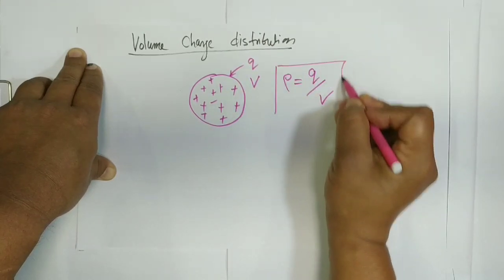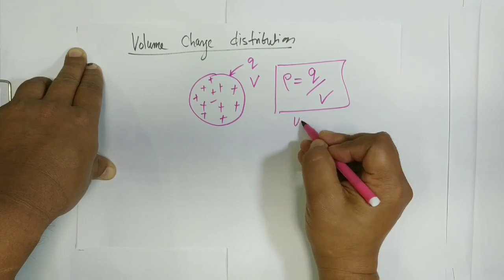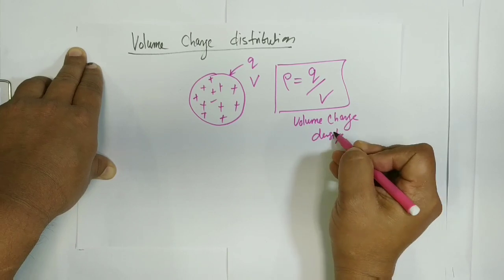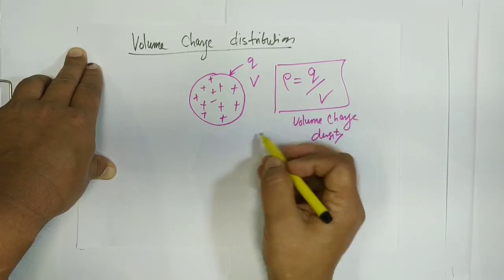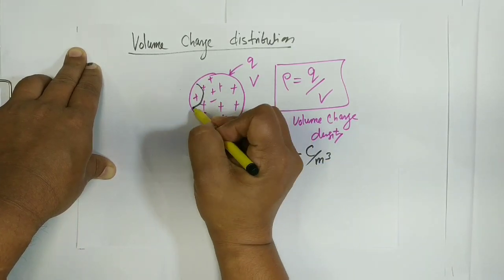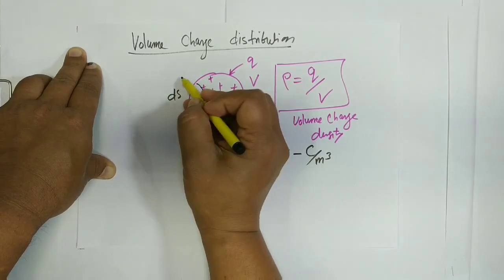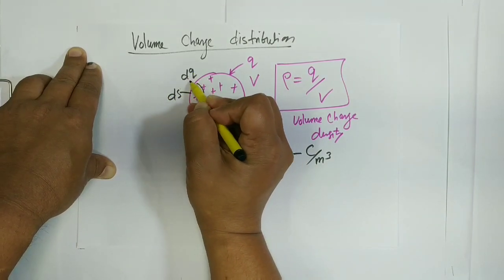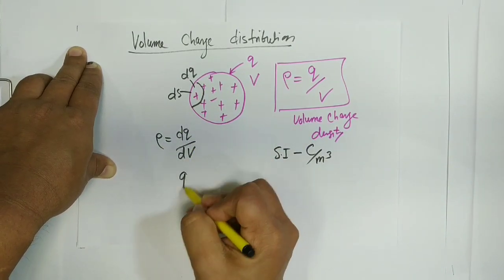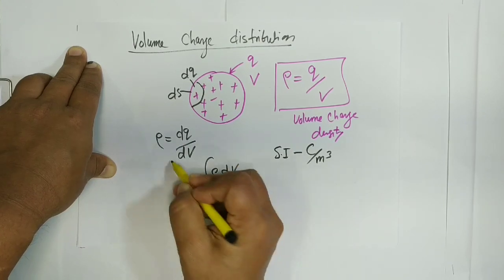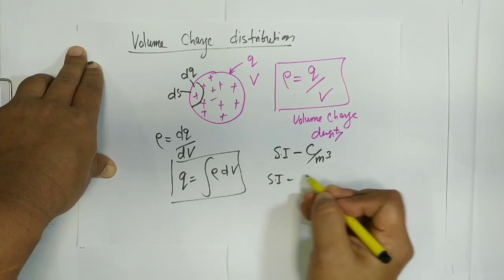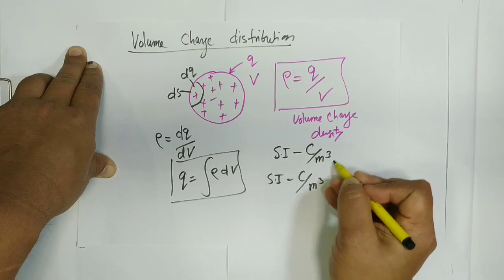This is the volume charge density. Its SI unit is coulomb per meter cube. For a small volume dv with charge dq, rho can also be written as dq by dv. If you want to find Q, it will again be the integration of this. So this is what we call volume charge distribution. SI unit is coulomb per meter cube.